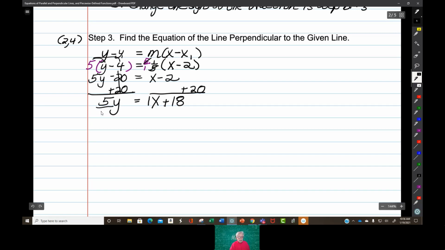So I will divide by 5, divide by 5, divide by 5. So my answer is going to be y equals 1/5 x plus 18/5.